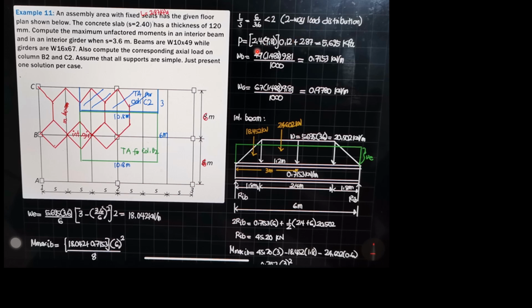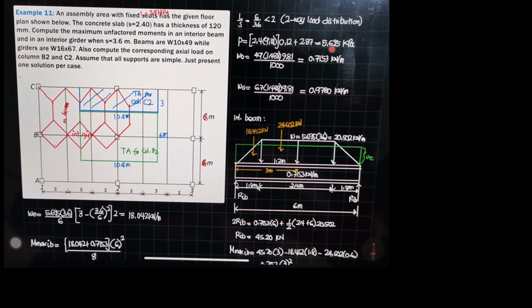So the pressure is, we have the weight of the slab and the live load on the slab. So for the dead load, specific weight of concrete 2.4 times 9.81 times thickness of concrete 0.12 meter, then plus 2.87 kilopascals.